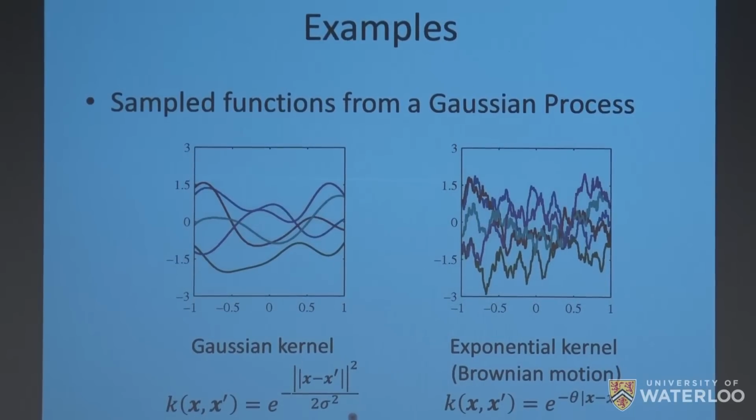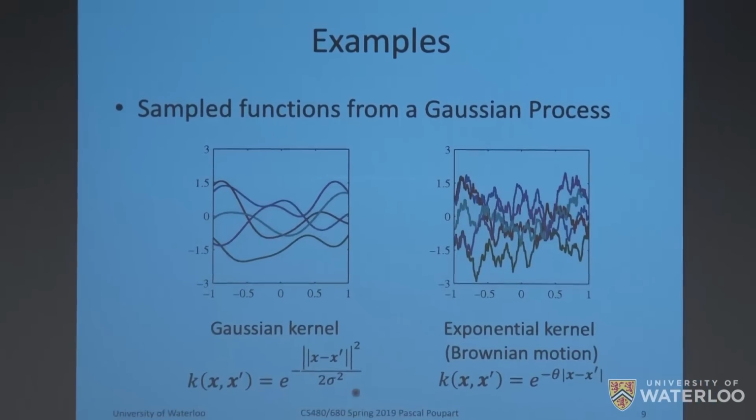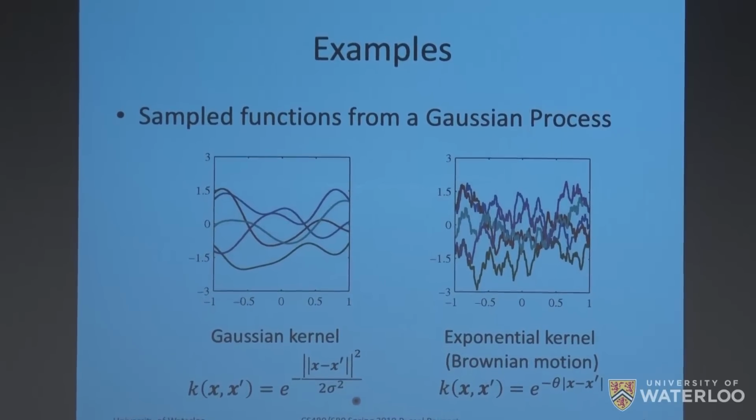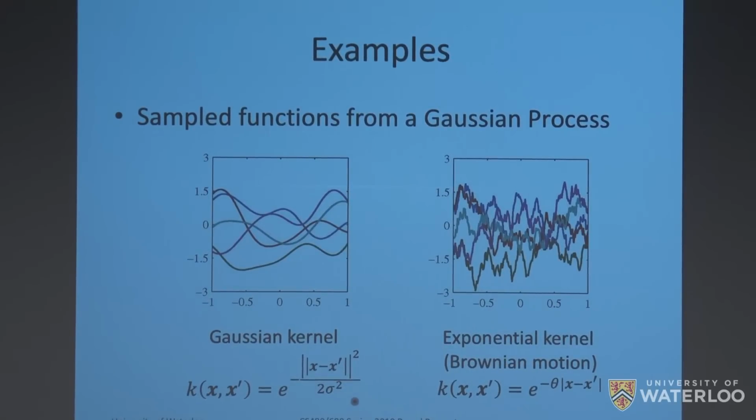Okay, so here let's not get mixed up. We've got Gaussian process, which is a distribution. It's an infinite dimensional Gaussian distribution. And then we have a covariance function that is essentially the Gaussian kernel, but that's not a distribution, right? It's just the algebraic form that's used for this particular covariance function.